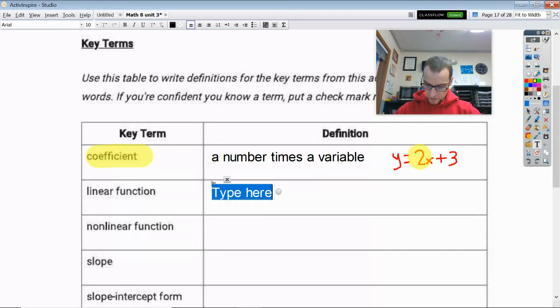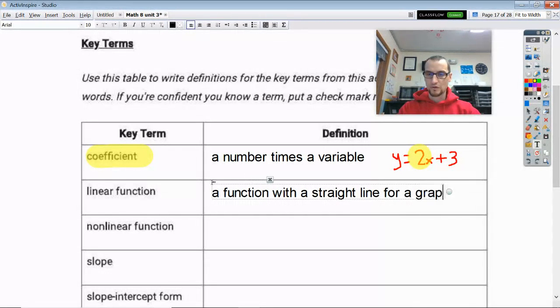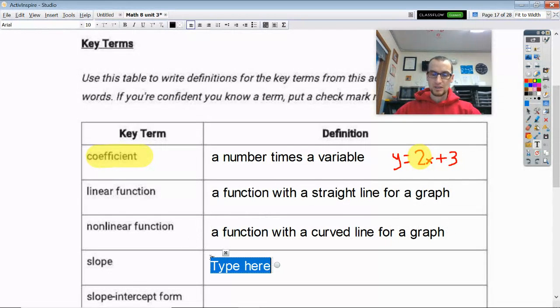A linear function is a function with a straight line graph. A nonlinear function is a function with a curved line for a graph.